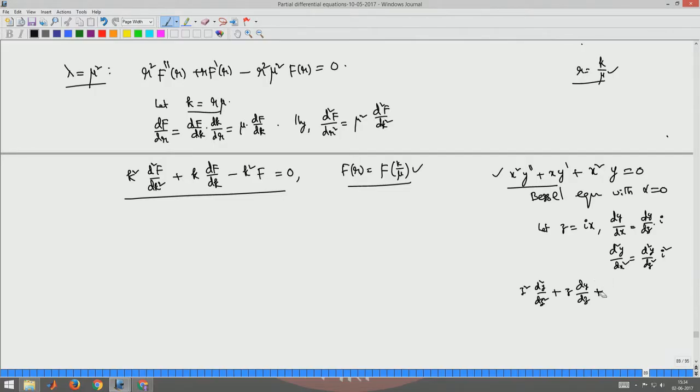Now, I can write the equation. Plus x square becomes minus z square, right. x square is, because x equal to minus I z, so minus I square, right.